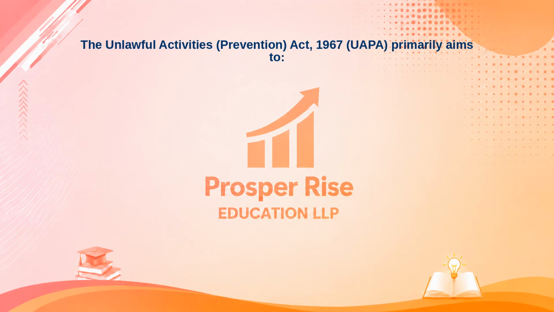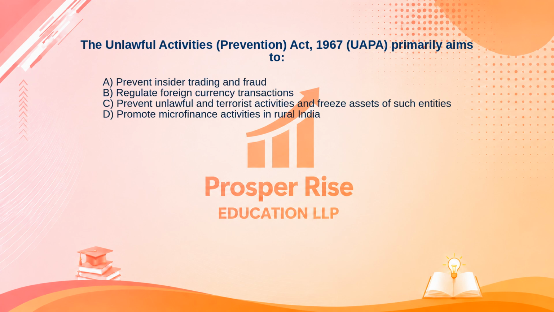Let's look at this next question. The Unlawful Activities Prevention Act 1967, UAPA, primarily aims to. Here are your options. A. Prevent insider trading and fraud. B. Regulate foreign currency transactions. C. Prevent unlawful and terrorist activities and freeze assets of such entities.